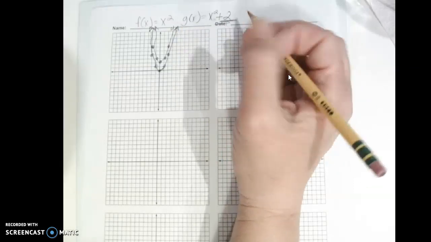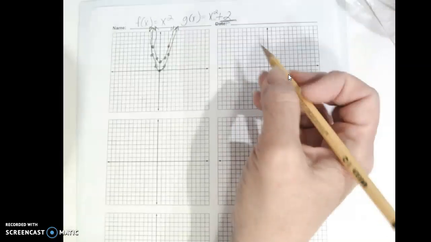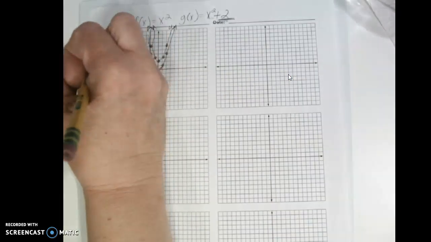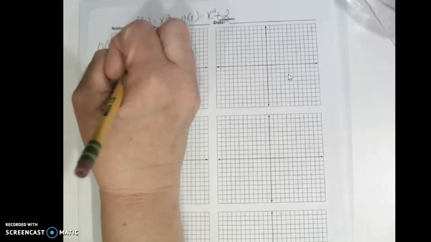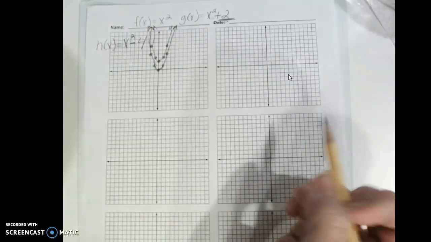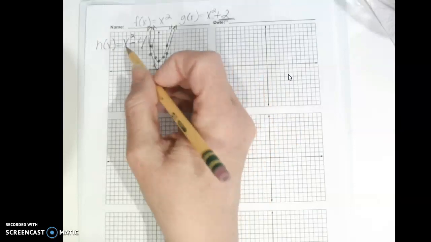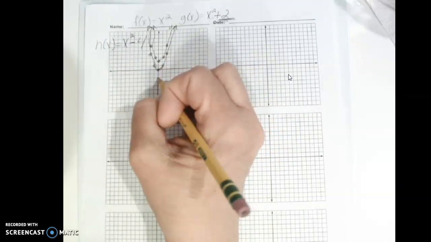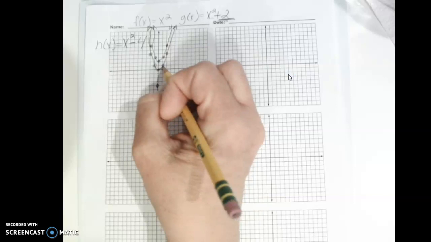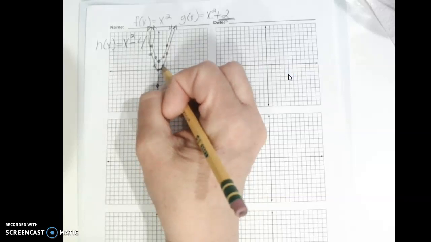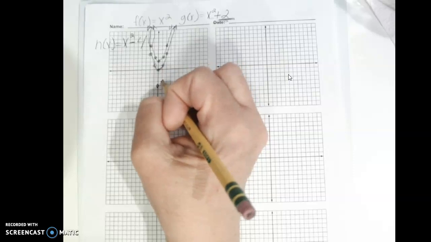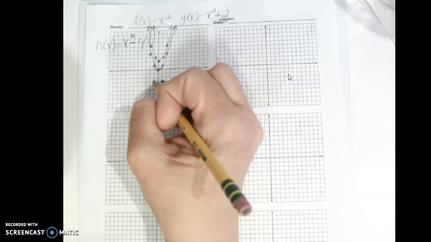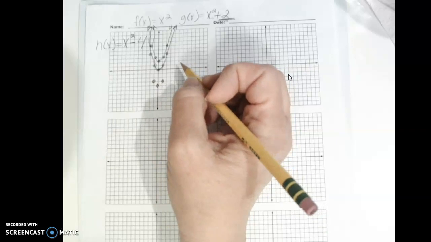Now let's say I had h of x is equal to x squared minus 4. What happens when I do that? I put in 0 and subtract 4. When I put in 1 and I subtract 4, I get negative 3. If I put in negative 1, I get negative 3, and so on.